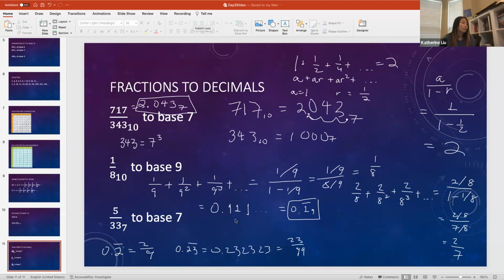So then we can apply the same logic to our base 7 thing, because in base 7 our version of 99 is actually 66, because once we get over 66, it goes straight to 100. So basically we want to convert this fraction into something with denominator 66 in order to write it in base 7.